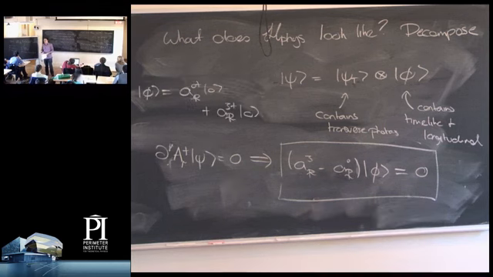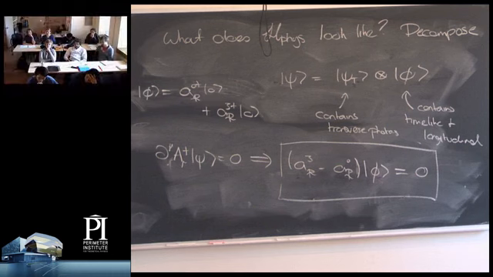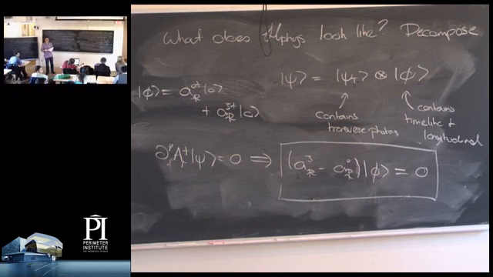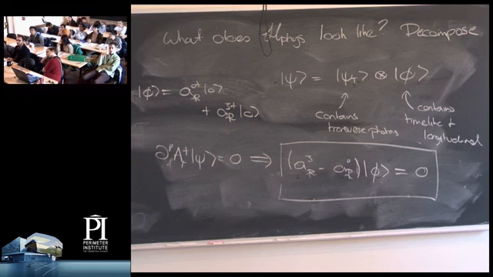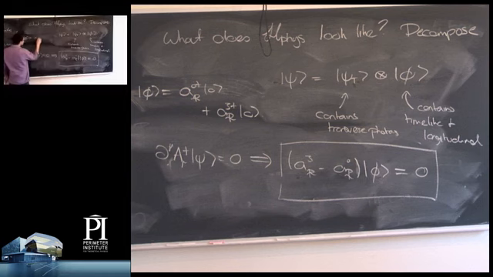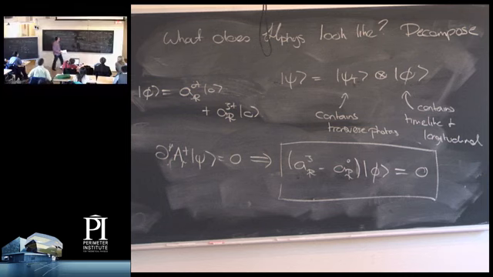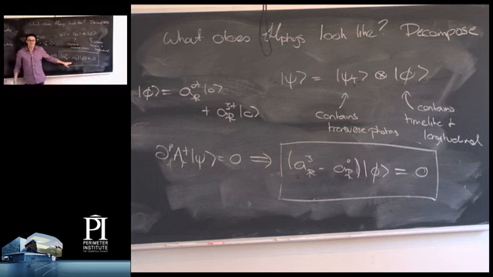I didn't think about this hard enough before I stood up. So if you have a linear combination of two states, one longitudinal and one time-like, then the norm is zero, because the longitudinal state has a positive norm and the time-like state has a negative norm, and they cancel each other. These are one particle states. Right, thank you. Good. So this is a state which obeys this condition.